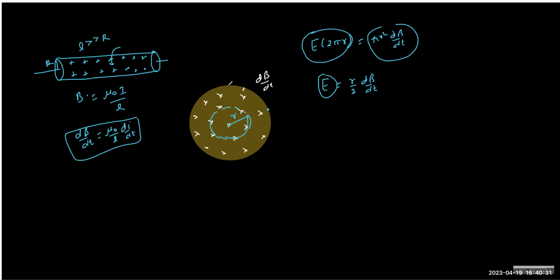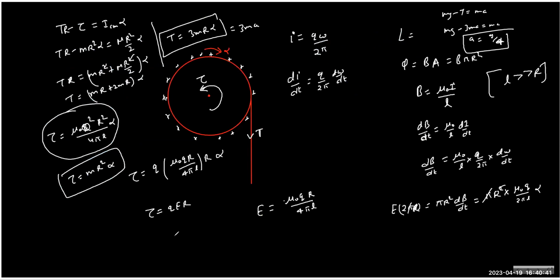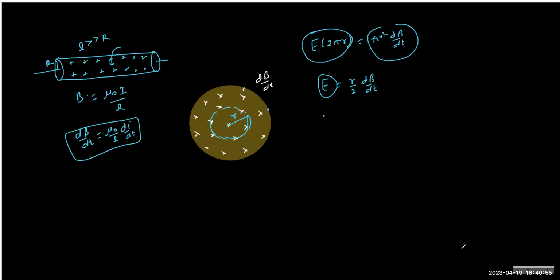Once E is there, E will be tangential to the charge. Therefore, the force will be qE tangential, so the torque will be qER. I did a lot of things actually. You can spend some time to realize whatever it is. Okay, sir. This is complete electromagnetics.